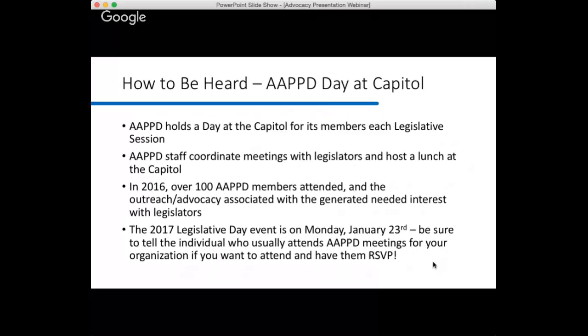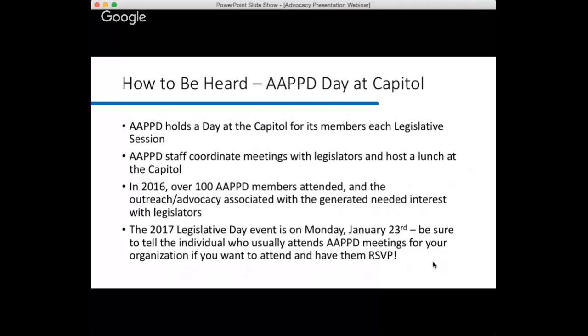So in addition to all of the items that we do at the Capitol, or while we're not at the Capitol, we do also hold an advocacy event each year. APAD Day at the Capitol is typically held toward the beginning of session. We hold it each year, and what happens is APAD staff coordinate meetings with legislators, and we host a lunch at the Capitol.